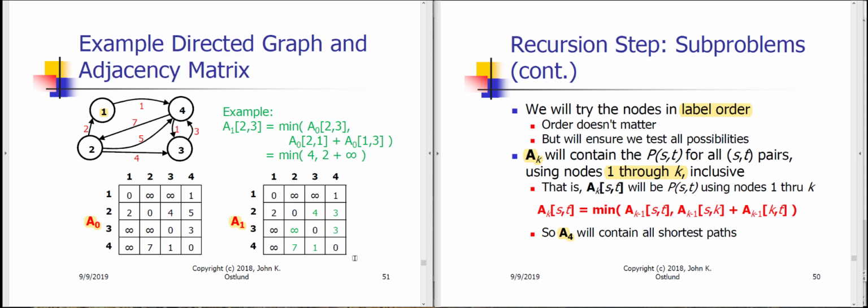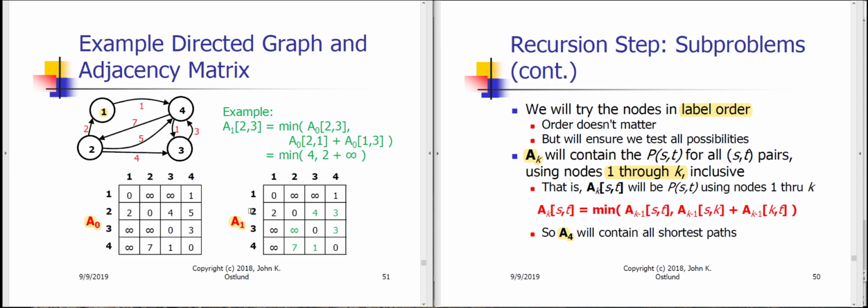The diagonal is always 0, as I said, because here each source is its own target. So the only cells that we might change by discovering a shorter path are these 6 cells that are off the diagonal and that are not in row 1 or in column 1. So let's take a look at these.